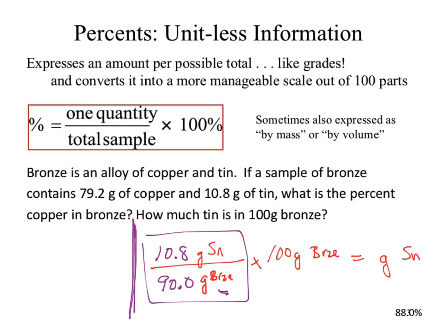That works. Was there another way to do it? Yes. There's always another way to do it. What did the first question get us for an answer? 88% what? Of copper in bronze. So at least 12%. So that means that there's 12% tin in bronze.